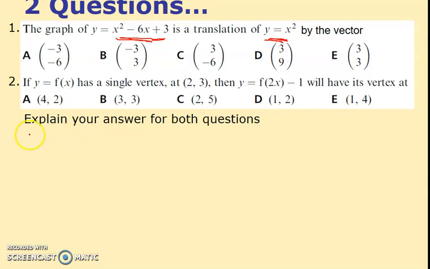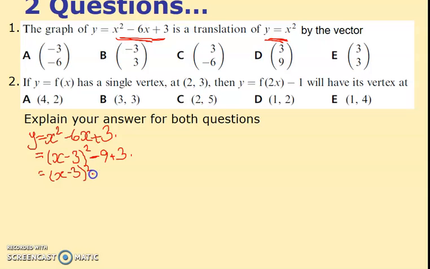And the way we make it easier is we start with x squared minus 6x plus 3. And I'm just thinking to myself, I'm going to complete the square because it's quadratic. So I'm going to go (x minus 3) all squared. Oh, don't forget to take away the 9, the square of the 3. And it says plus 3 already. So that gets me (x minus 3) all squared minus 6.